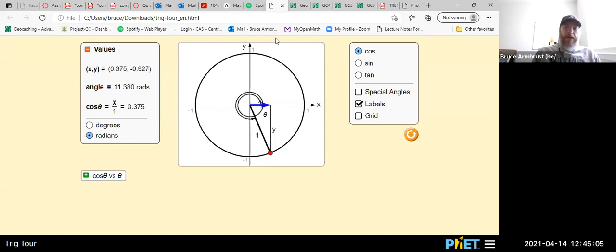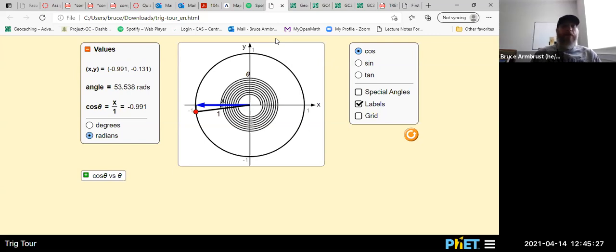As we just keep rotating, going around and around and around, it keeps bouncing back and forth the x values from 1 down to -1, back up to 1, down to -1, back up to 1, down to -1. Boring. But notice that we get every number between plus and minus. Every one of those values is going to show up somewhere. It just keeps repeating.